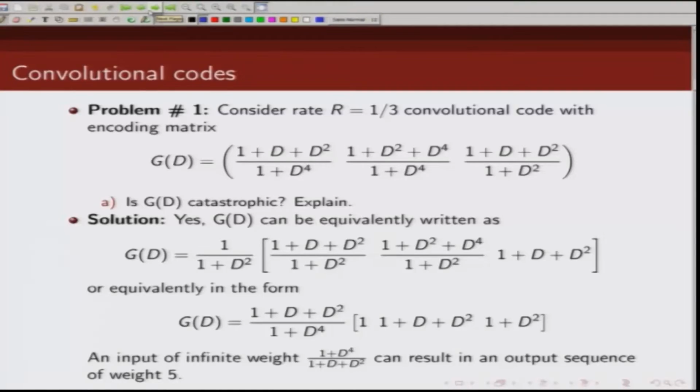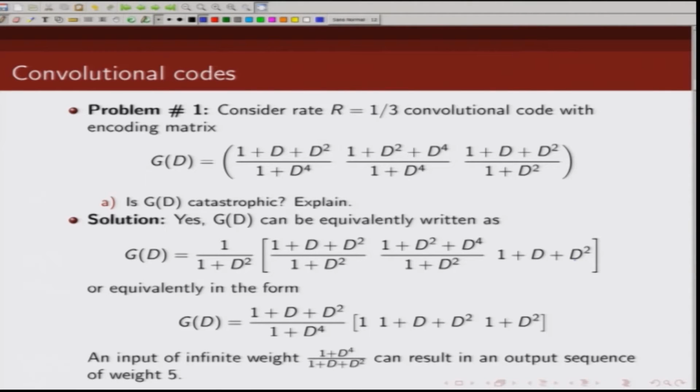Now, let us look at this generator matrix and try to simplify it, put it in a minimal form. We can see the denominator, this 1 plus D square, is common. If we take that out, we get 1 plus D square here, and this is 1 plus D square plus D4 divided by 1 plus D square, and this is 1 plus D square.